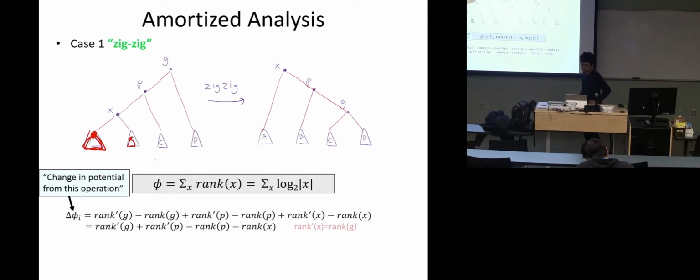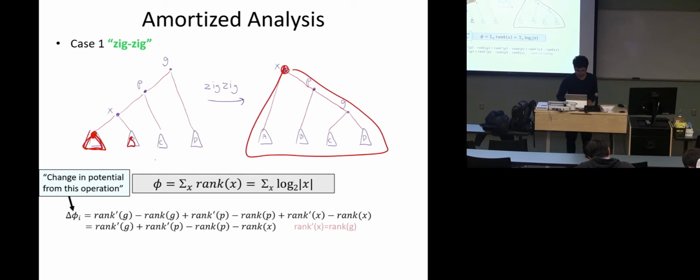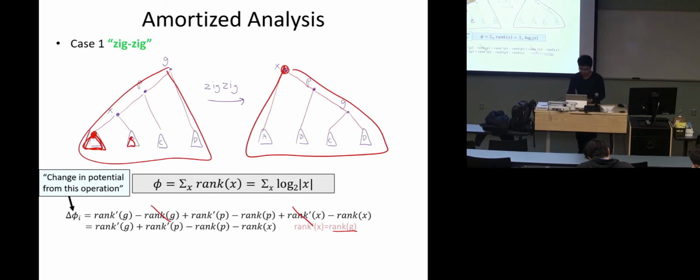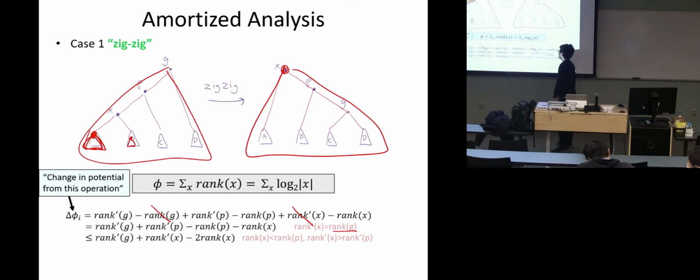Then you can see that rank prime of X, which is here, is just the same as rank of G before. So you do some cancellation. Rank prime of X cancels with rank of G. And you calculate a bit more.